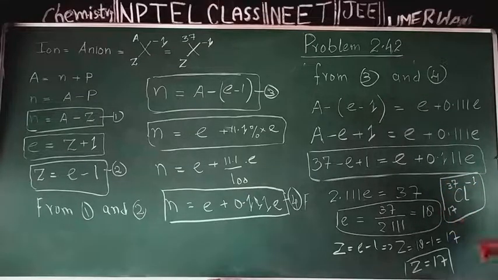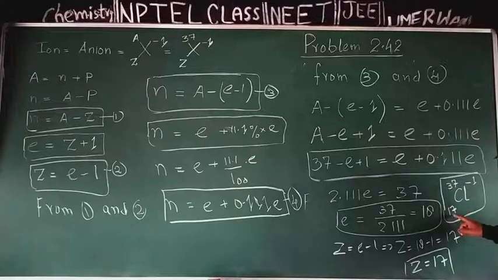This problem was based on this chloride ion, Cl raised to the power -1, which has 1 unit of negative charge, whose mass number is 37, whose atomic number is 17.